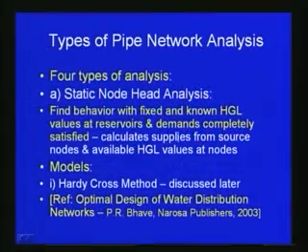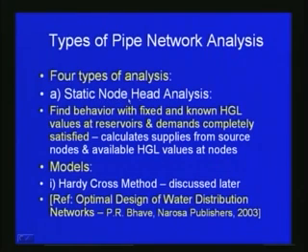and then we calculate the nodal heads with respect to the available supply and the source nodes. Here in the static node head analysis, there are different types of models available. For most water supply pipelines, generally we will be doing this static node head analysis. It is much simpler compared to the other 3 types of analysis which we discussed earlier.